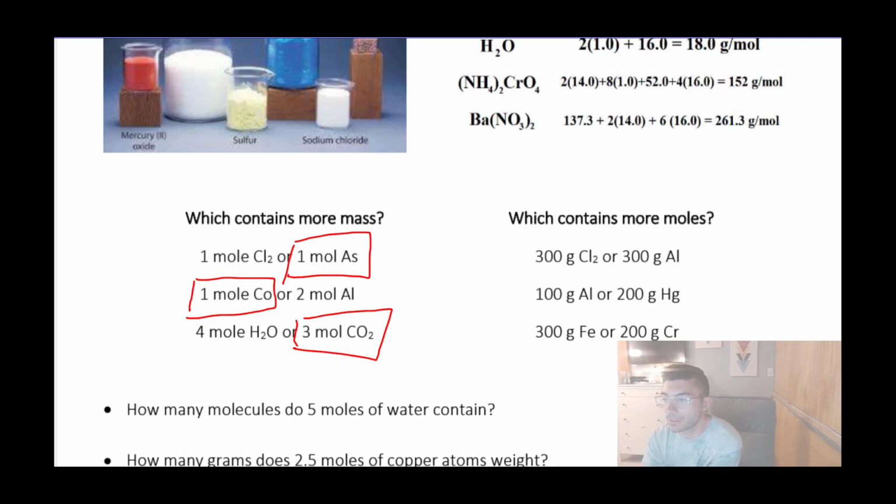Well, each mole of aluminum is only 27 grams. We can fit more moles in 300 grams of this than we can in 300 grams of this if we think about what the molar masses are, right? So 71 grams per mole versus 27 grams per mole.